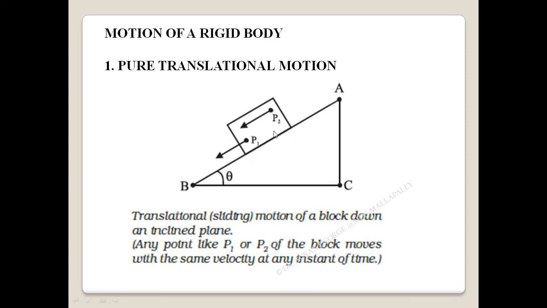P1 and P2 are any two particles of the block. As the block slides down, P1 and P2 will have the same velocities. Their position will be the same. So it means that all the particles will have the same velocity in pure translational motion.